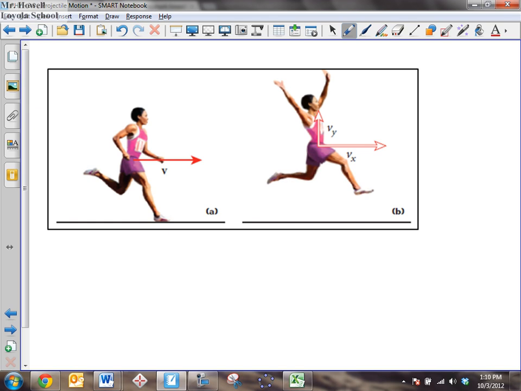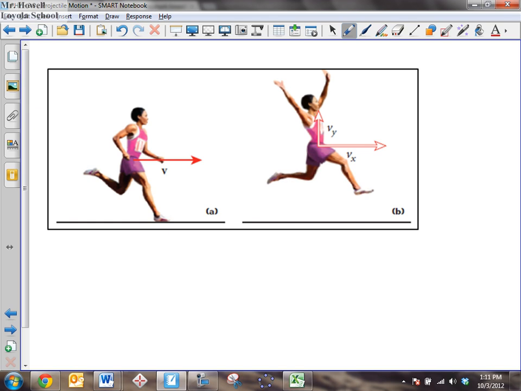Remember, a long jump is where you're running, you have to jump as far as you can go. So, while you're running, you're only moving in 1 dimension. You're moving left to right, that's it. But the minute you jump, now you're moving up and down, and you're moving left to right. So this first one, A, is 1-dimensional motion, which is what we've studied. This part B is 2-dimensional motion.